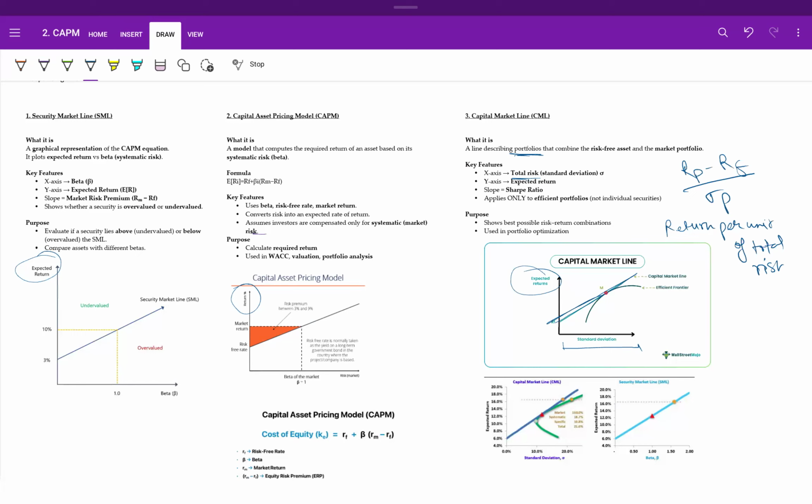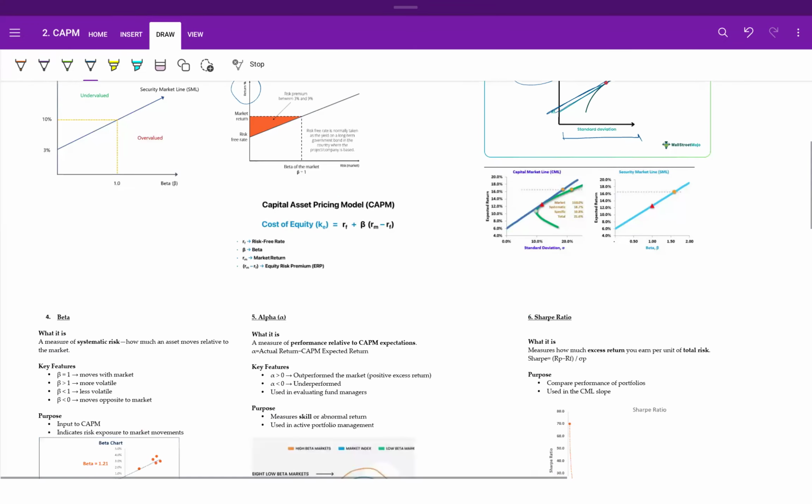It only applies to efficient portfolios, not individual securities. So you need to understand this. The purpose is to show the best possible risk combinations, used for portfolio optimization. When we discuss portfolios, we will discuss the CML, capital market line, in detail. It's a very good topic, very practical.